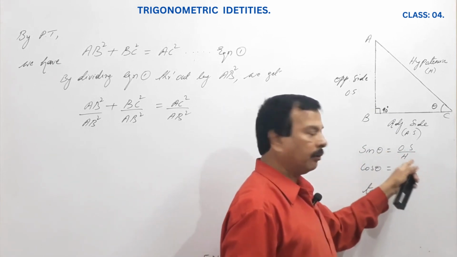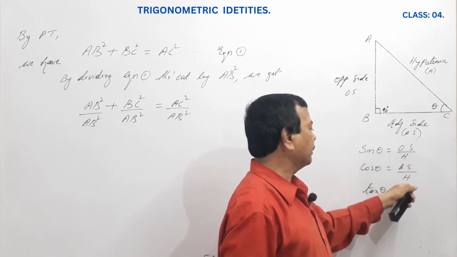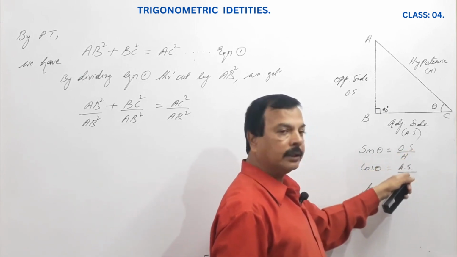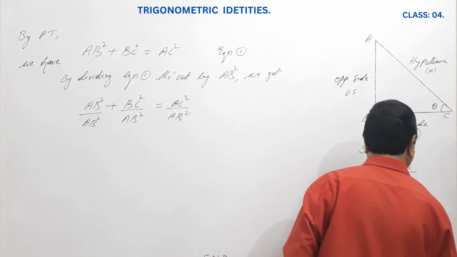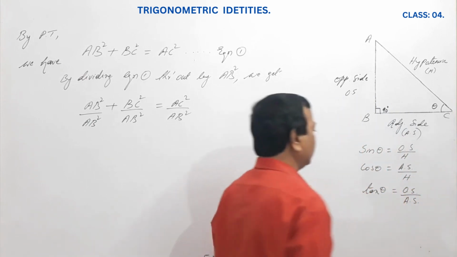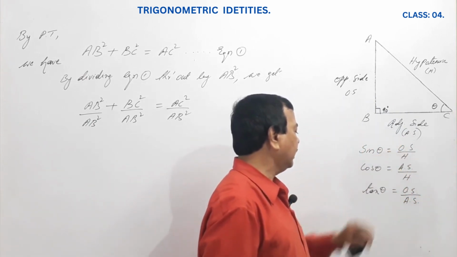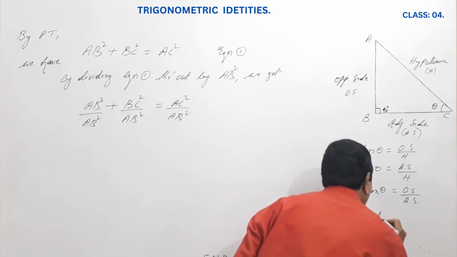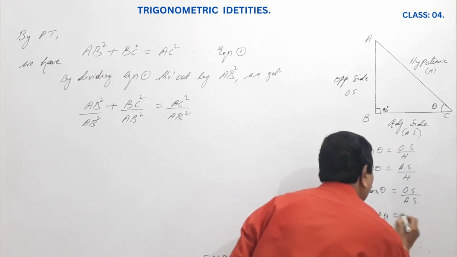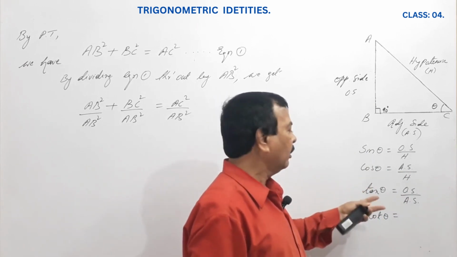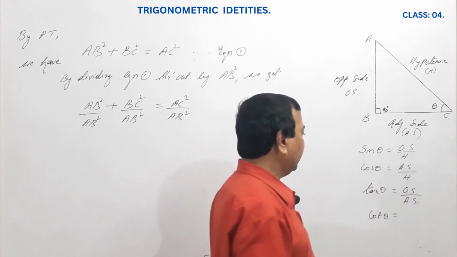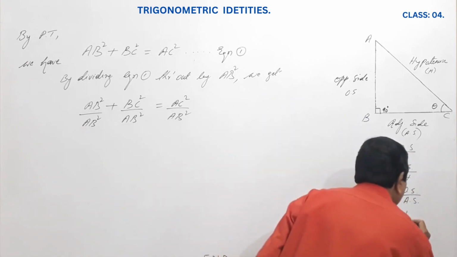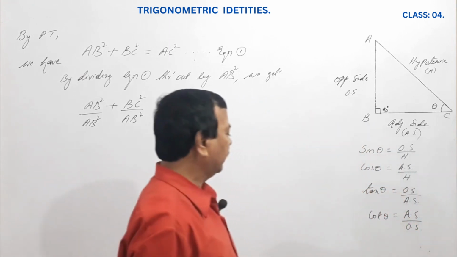So if you divide one by the other, hypotenuse cancels, we are left with opposite side by adjacent side. Cot theta is the reciprocal of tan, that is if you divide cos theta by sin theta, we get cot theta, that is adjacent side by opposite side. This is your tan theta.